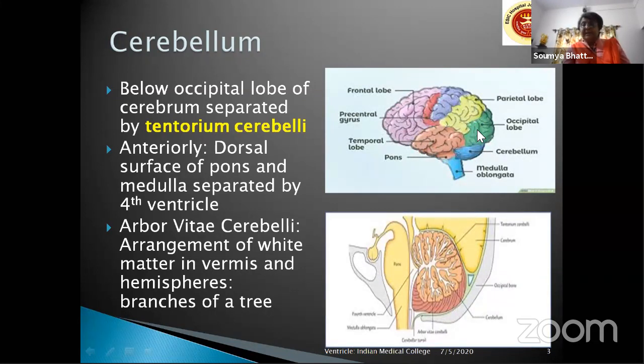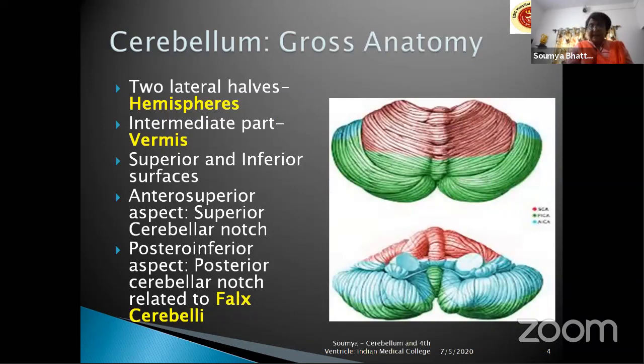The green part is basically the occipital lobe. So the occipital lobe of the cerebrum is separated from the cerebellum. Right below is the blue part, which is known as the cerebellum. This green occipital lobe is separated from the cerebellum by the tentorium cerebelli.